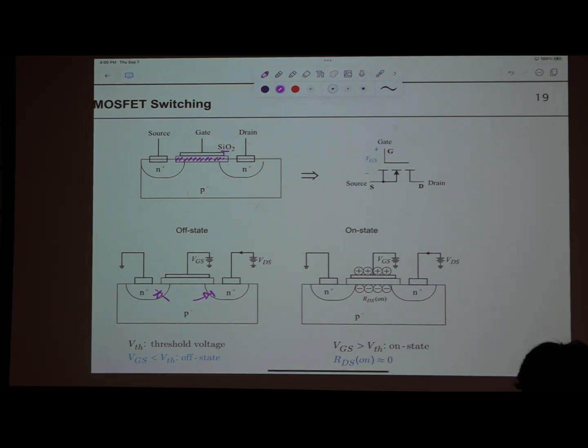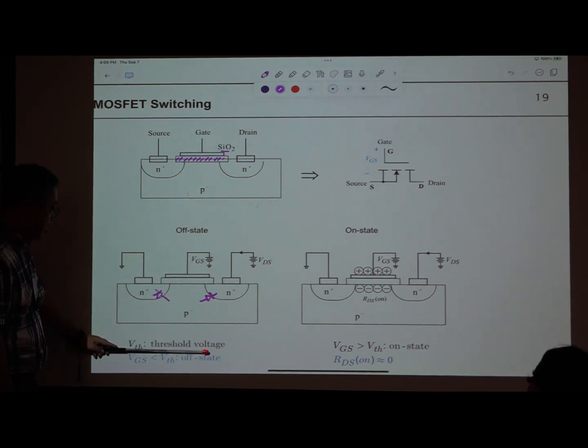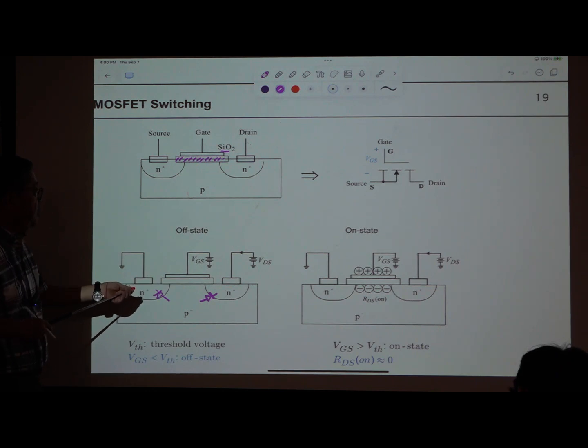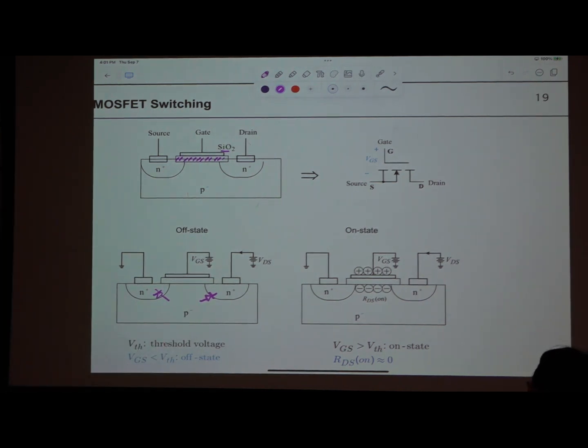For this directional current, this diode is reverse biased, so it is impossible to carry current. The same is true here, so they are isolated. VTH is called the threshold voltage. When the voltage between gate and source is smaller than this, the device is just turned off and behaves as an open circuit.